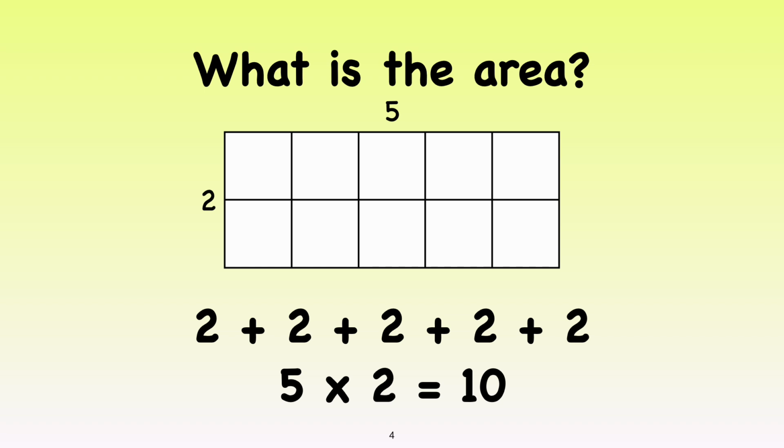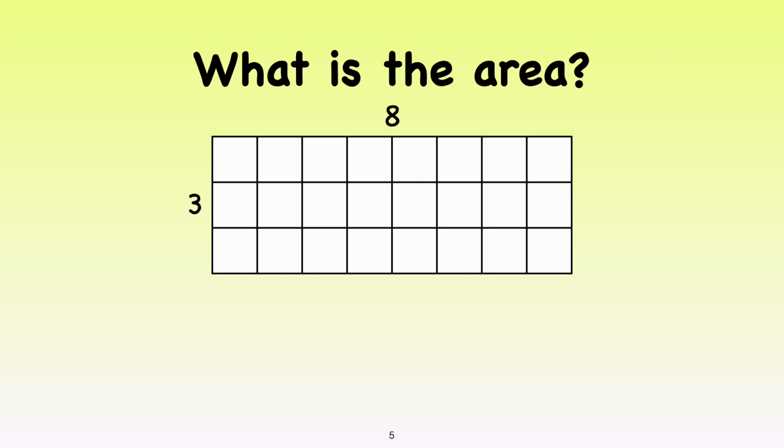What do we call the parts of a multiplication problem? Factors. And also note, the product of two numbers does not depend on their order. This rectangle can be thought of as 5 2s or 2 5s. Here's another rectangle.